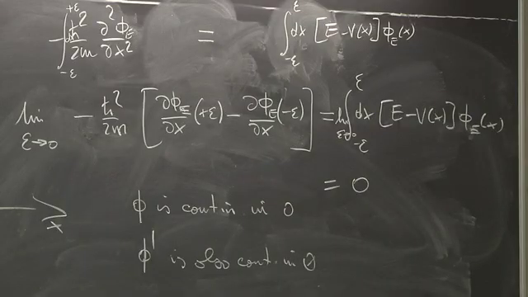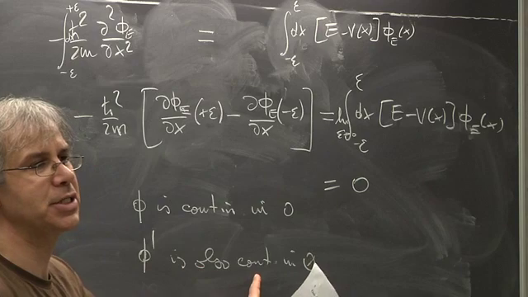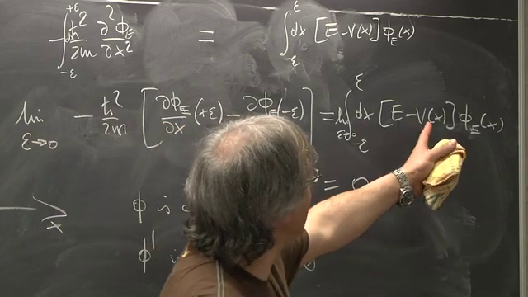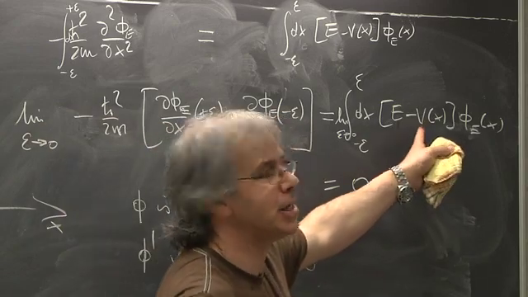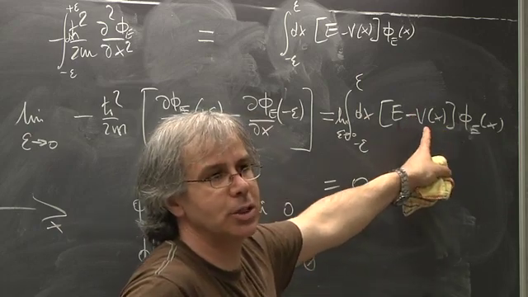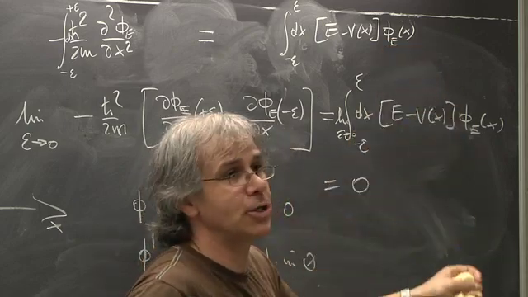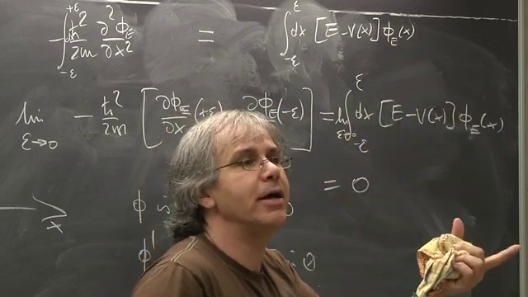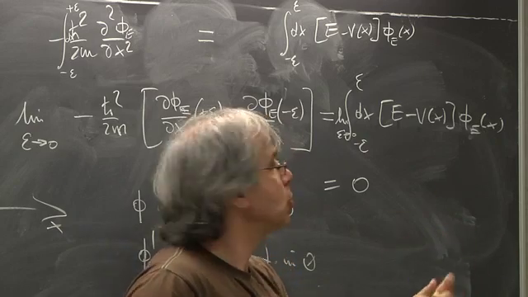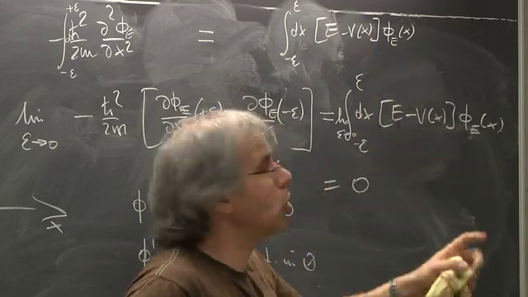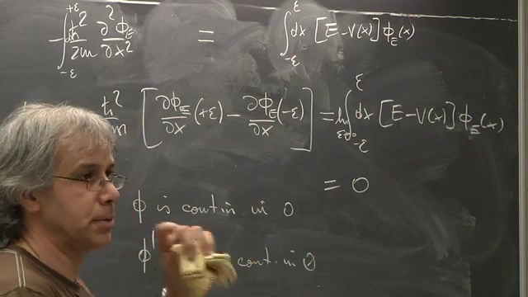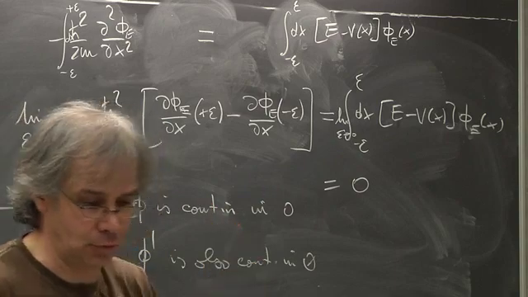The only way a derivative can really not be continuous is if there is an infinite jump, okay? You see, if there was an infinite jump in the potential, I would not be guaranteed that this integral is 0. Another possibility is that there is a delta function in the potential, okay? So if the potential is a delta function, even if you integrate over an interval that goes to 0, that makes a finite contribution, all right? So delta functions and infinite jumps are the only things that make the derivative not necessarily continuous. Okay? But for the rest, you are guaranteed to be continuous.